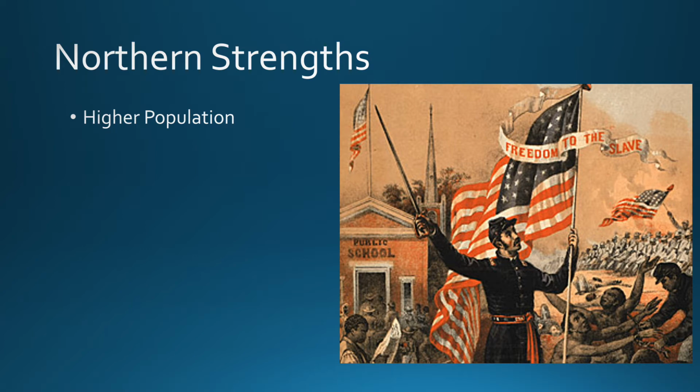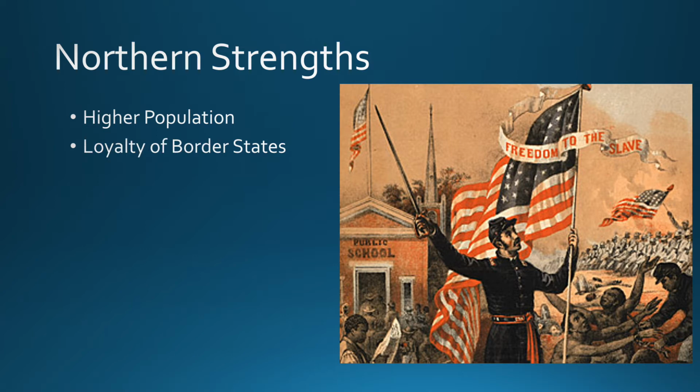So the difference in population between the two sides is going to be pretty big. Remember, if you have a bigger population, it means you have more soldiers that can fight. You have more people that are able to resume work back home. And so all of that would be significant to consider.